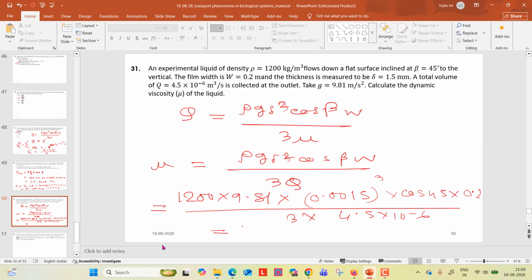So it is coming as 0.416 Pascal second. It is the unit of viscosity. Okay. Next.